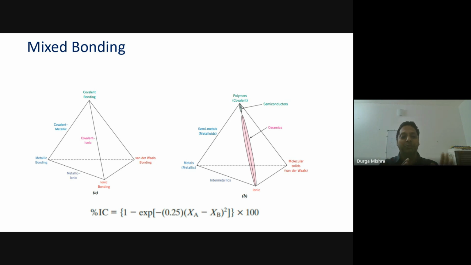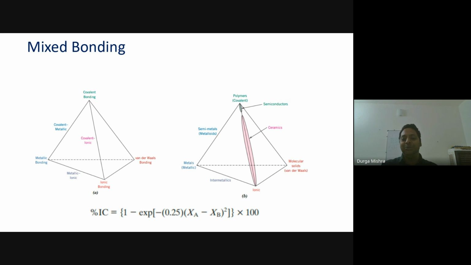This is what we call the tetrahedral representation of mixed bonding. If I go along any axis of this tetrahedron, I will find a mix of covalent, ionic, or metallic bonding. If I go along one of the edges, that is what it represents.